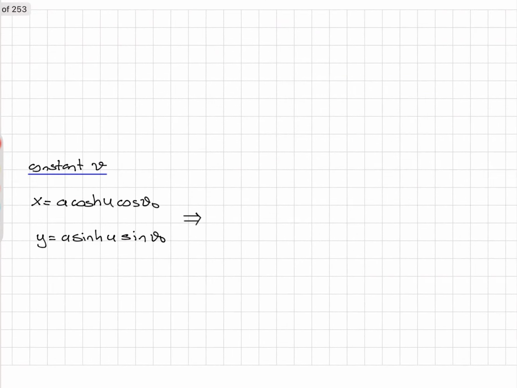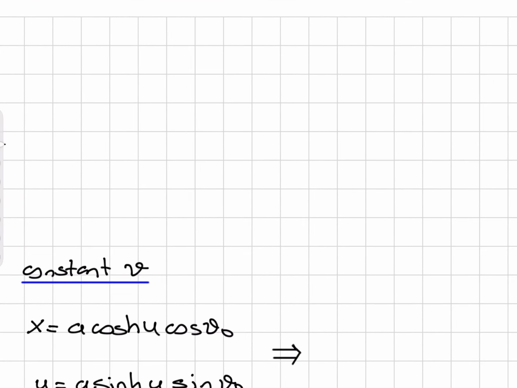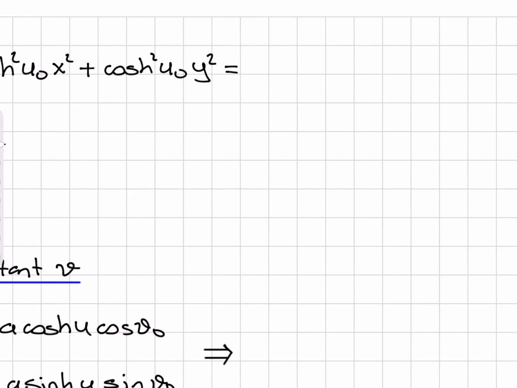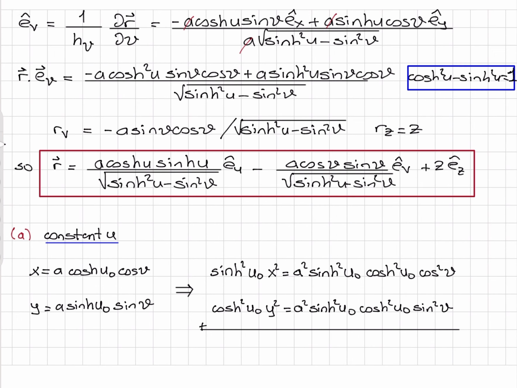So let's perform this addition: sinh square u0 x square plus cosh square u0 y square is equal to a square sinh square u0 cosh square u0. So what happened here? I got rid of the v dependence.